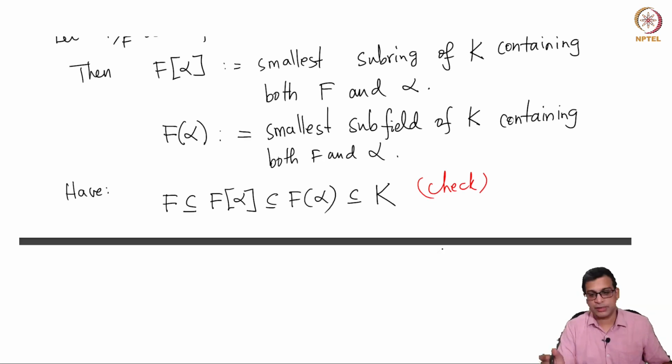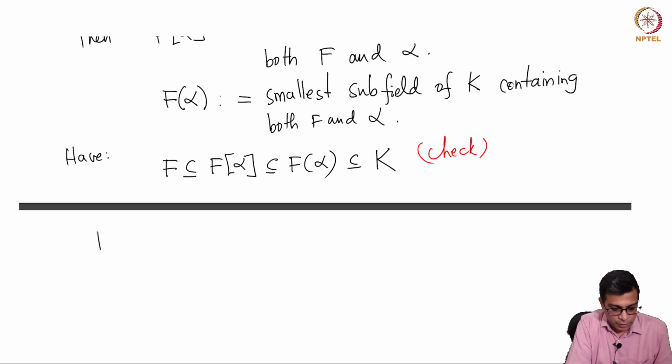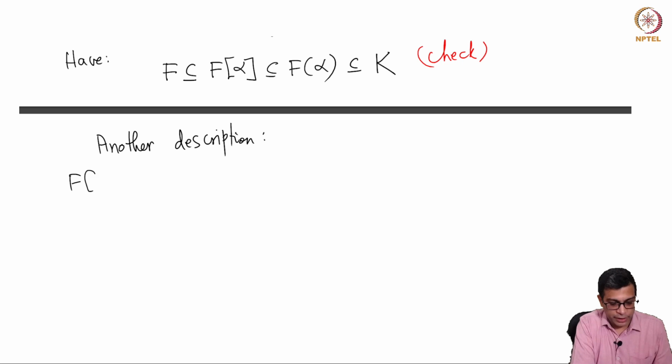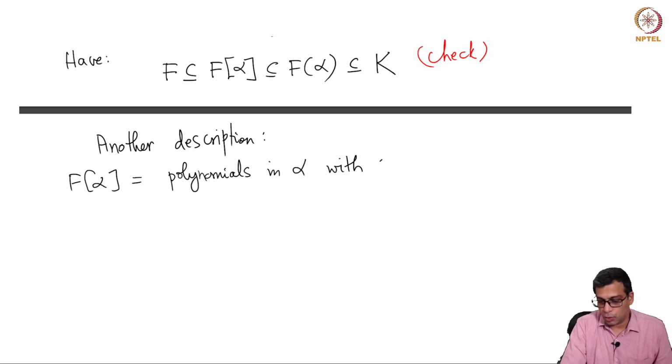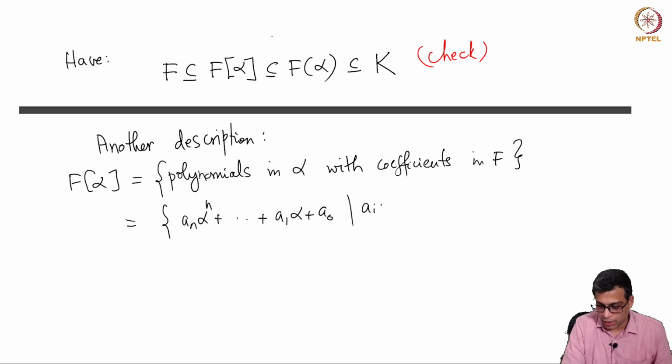Okay, so any subring of K containing both F and alpha contains F[alpha], and this is clear. Another description of these is the following: F[alpha] consists of polynomials in alpha with coefficients in F. Okay, so in other words, it consists of all things of the form a_n alpha^n plus ... plus a_1 alpha plus a_0, where the a_i are in F, and n is some non-negative integer.